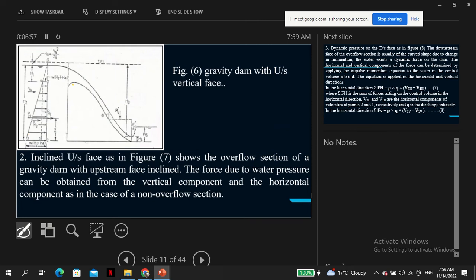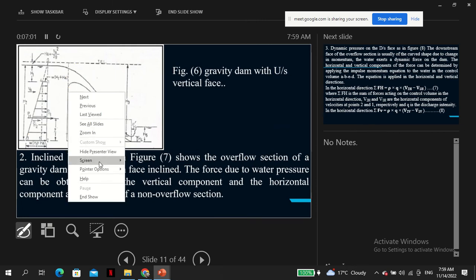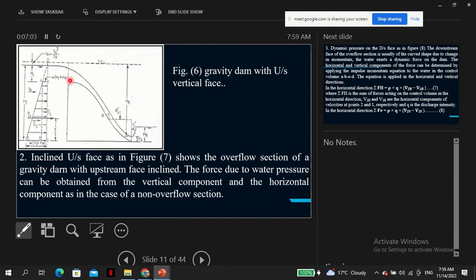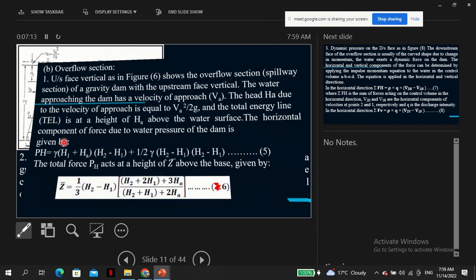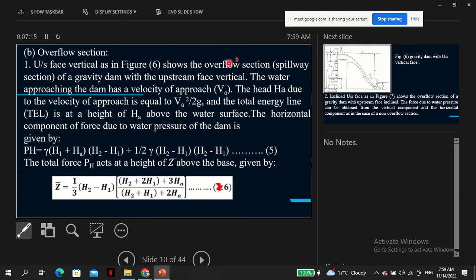So if we provide, this is your dam there, and then you expect some overflow of water. So this is the upstream we are saying. So it shows the overflow section, or this is the spillway of a gravity dam with upstream face vertical.